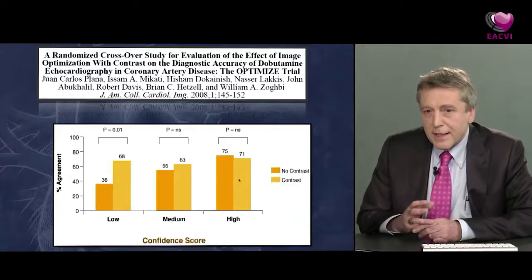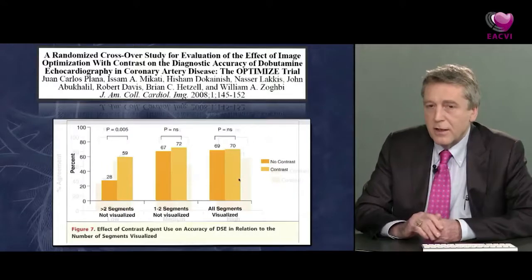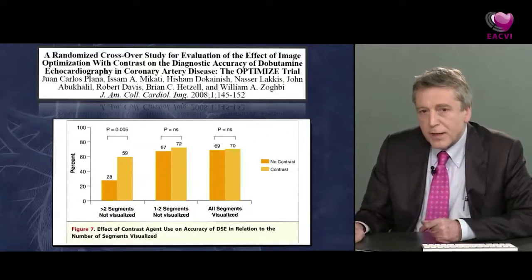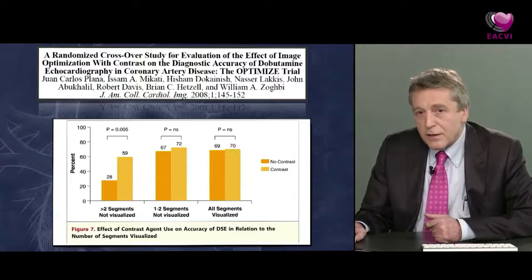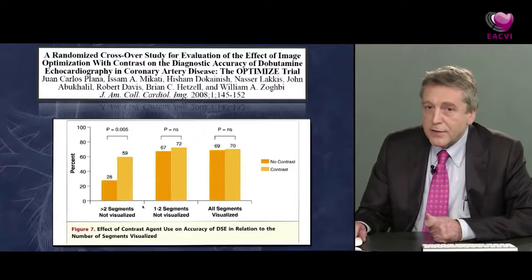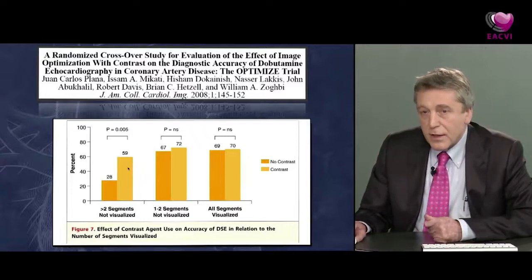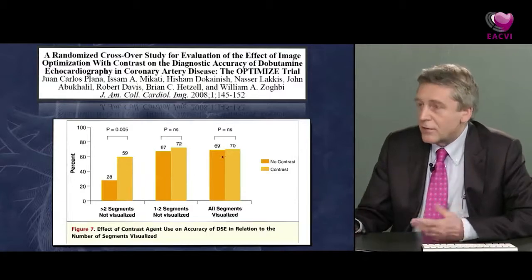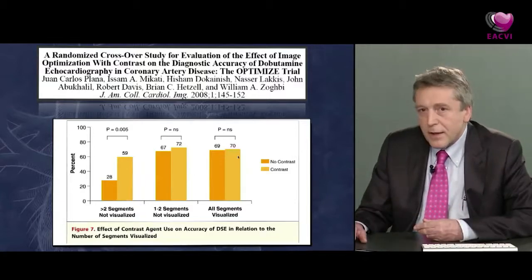And that's highlighted here. So if we look at the accuracy of stress echo compared to coronary angiography in relation to the number of segments visualized, you can see that when there were more than 2 segments not visualized and contrast was used, it significantly increased the accuracy. Whereas at baseline without contrast, when you saw all segments, needless to say, contrast really didn't add much.